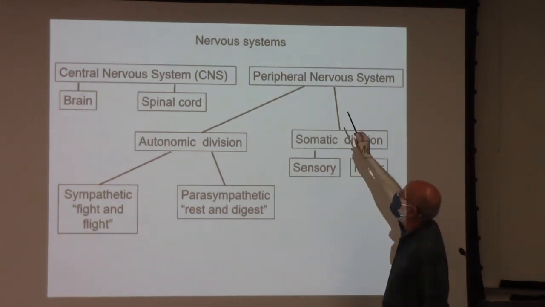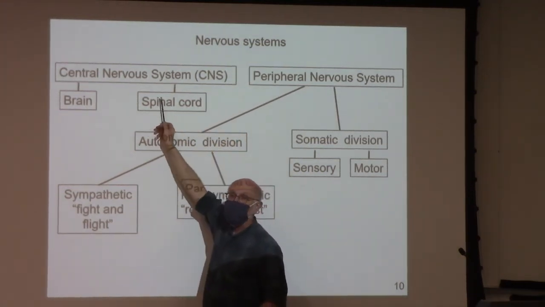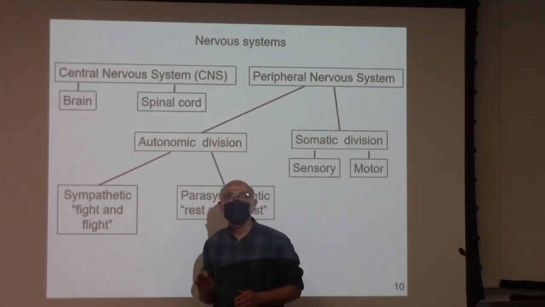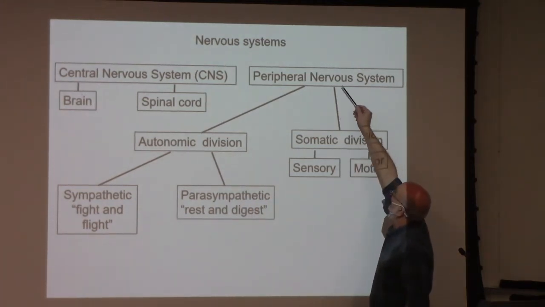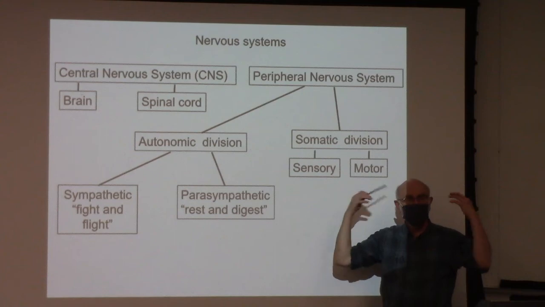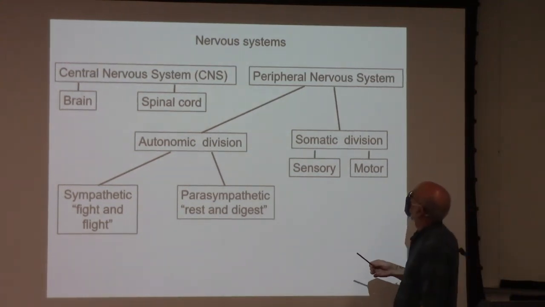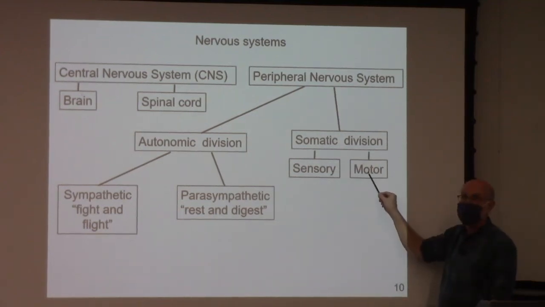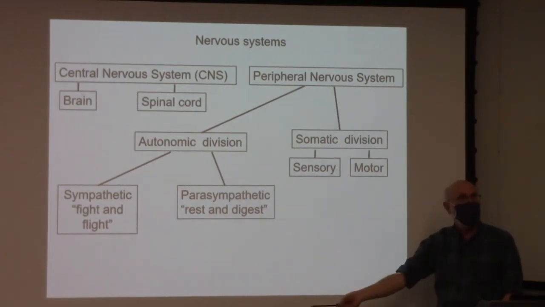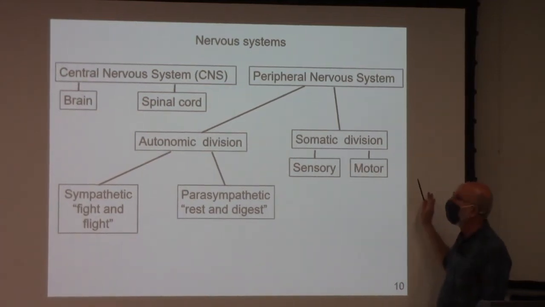So let's look at this hierarchy. We've got the central nervous system, which is the brain and the spinal cord. We're going to put that aside until the next section of the course. We've got the peripheral nervous system out in the periphery, arms, legs, face, whatever. We're going to talk about the sensory and the motor systems after the exam in the next section. So put this aside, but it's coming up.